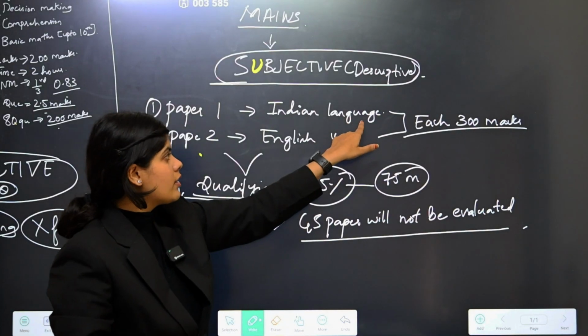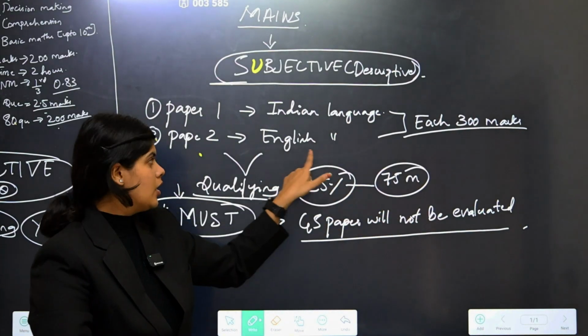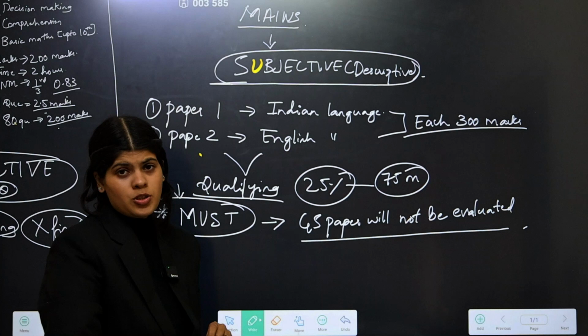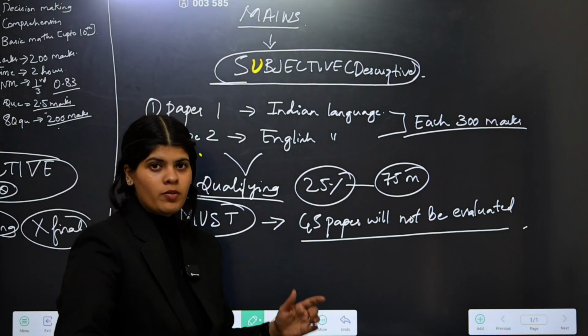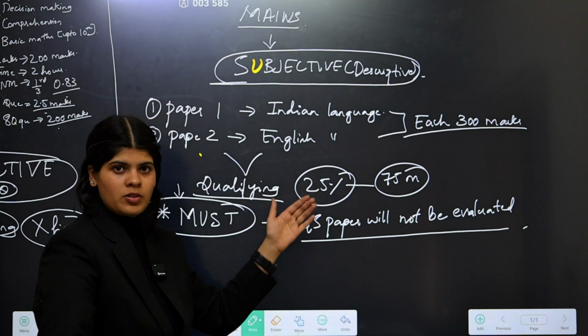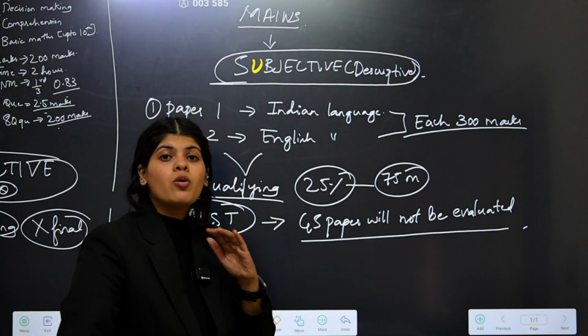If you are not clearing the cutoff of 75 marks for the English paper, then your rest of the papers, whatever you are going to write ahead, GS 1, 2, which we'll be talking about now, are not going to be evaluated.